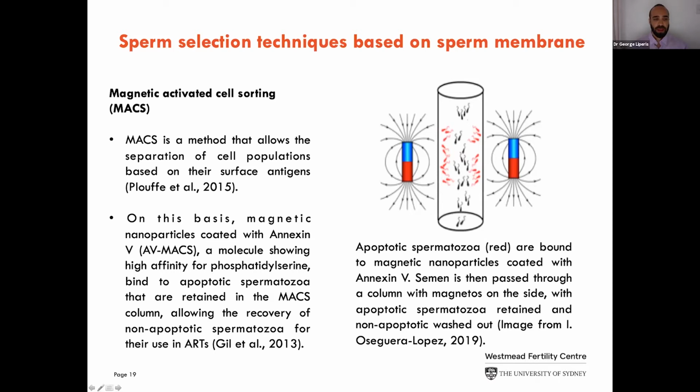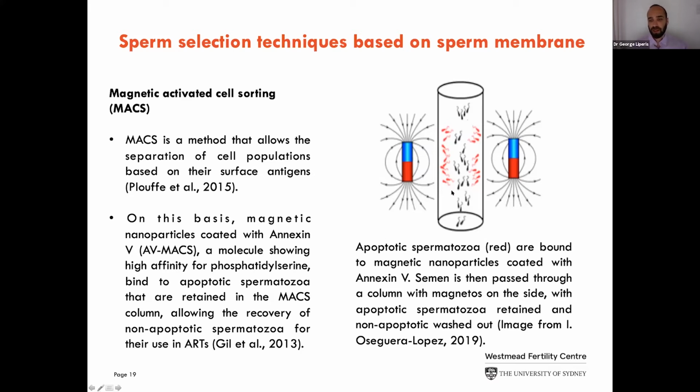The magnetic nanoparticles used are coated with annexin V, a molecule with high affinity for phosphatidylserine bound to apoptotic spermatozoa. Apoptotic spermatozoa will have this substance and can be retained in the MACS column, therefore allowing the recovery of non-apoptotic spermatozoa for use in ART.